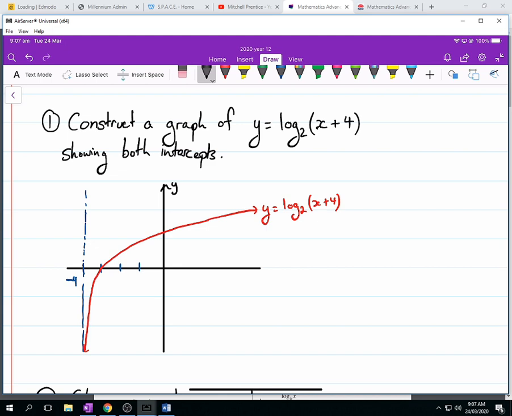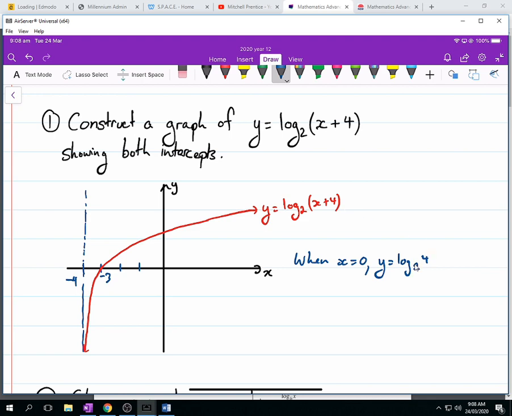We would also need to work out our other intercept, which is our y-intercept, and as we know, we find our y-intercept when x is equal to 0. So we could say, for this one, when x is equal to 0, y is equal to log base 2 of 0 plus 4, which is log base 2 of 4.